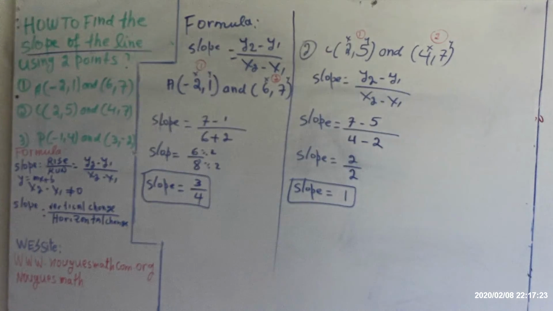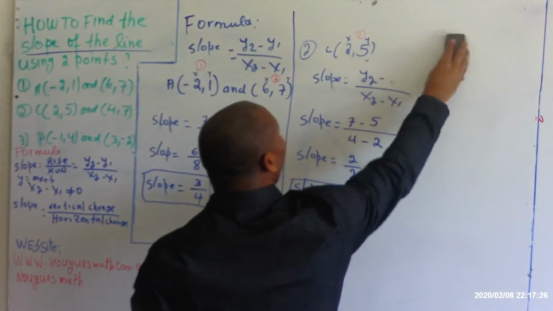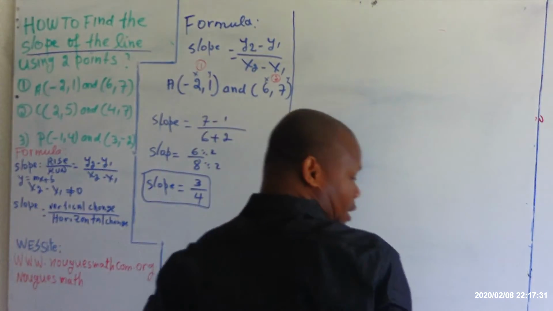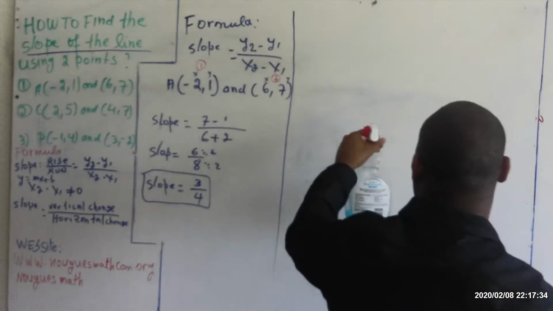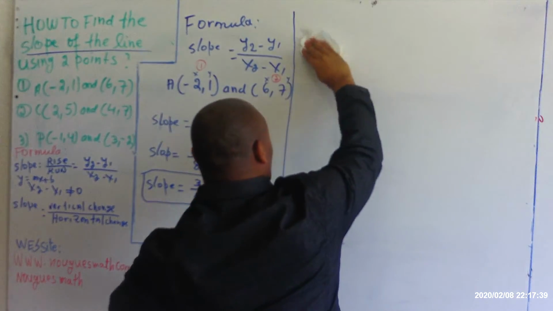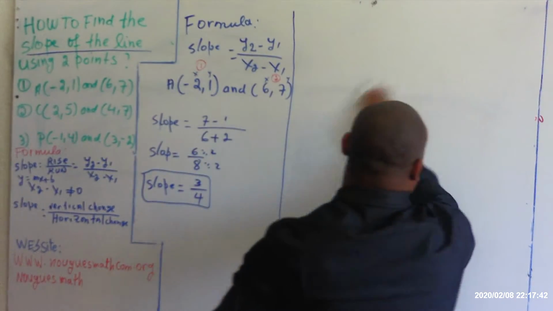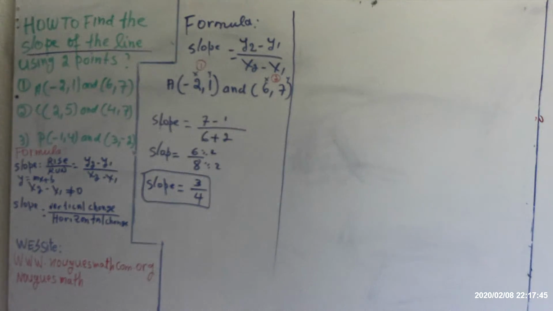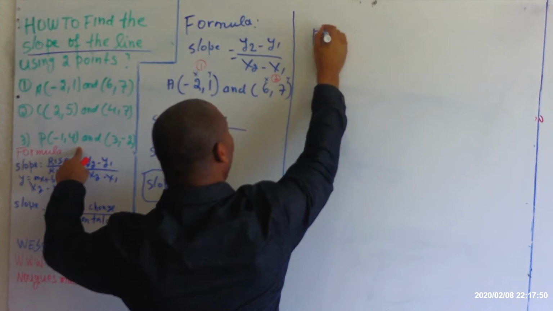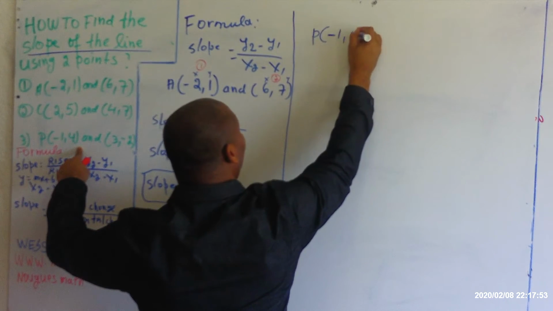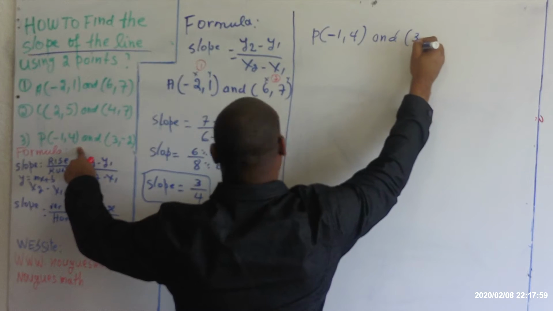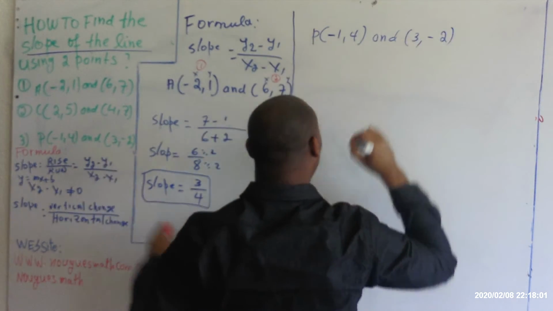The last exercise, we're going to have the points (-1, 4) and (3, -2).